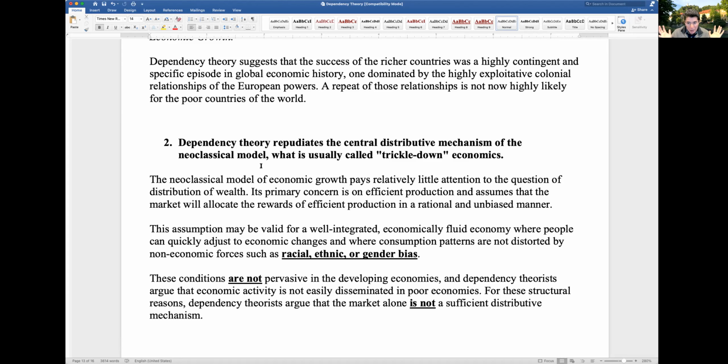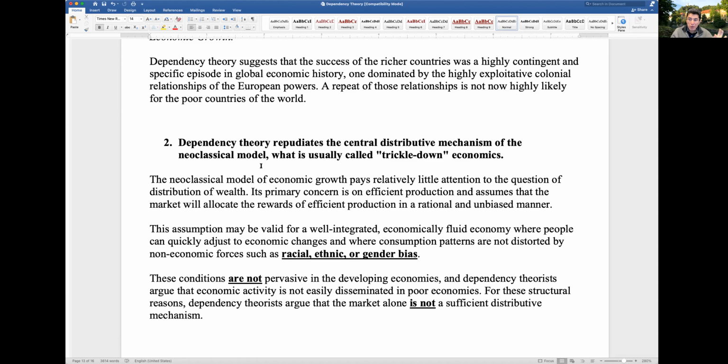But these conditions typically are not the rule, they are the exception. In most Latin American countries, actually in most countries around the world, you have these issues of racial divisions, ethnic divisions, and gender biases, and as a consequence, you don't have this nice model in practice of trickle down, where the benefits are going to spread throughout the country and everybody's going to benefit, and it's the tide that is going to lift all boats. No, this is just not going to happen.